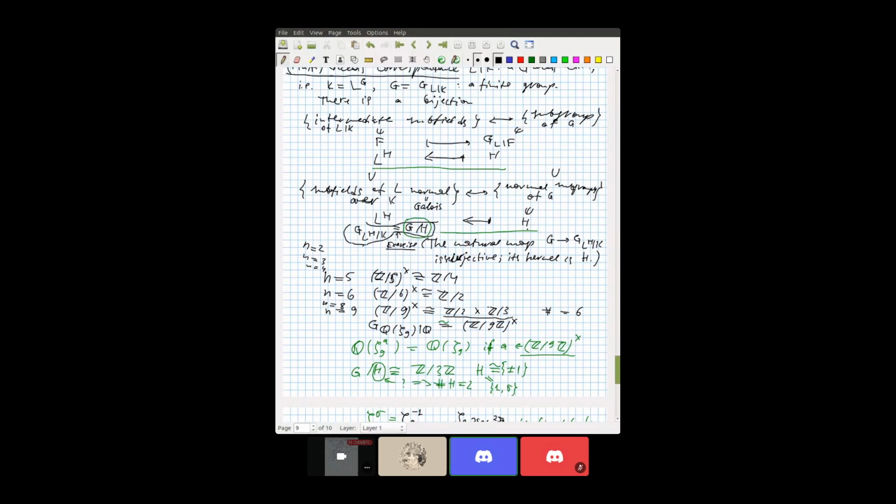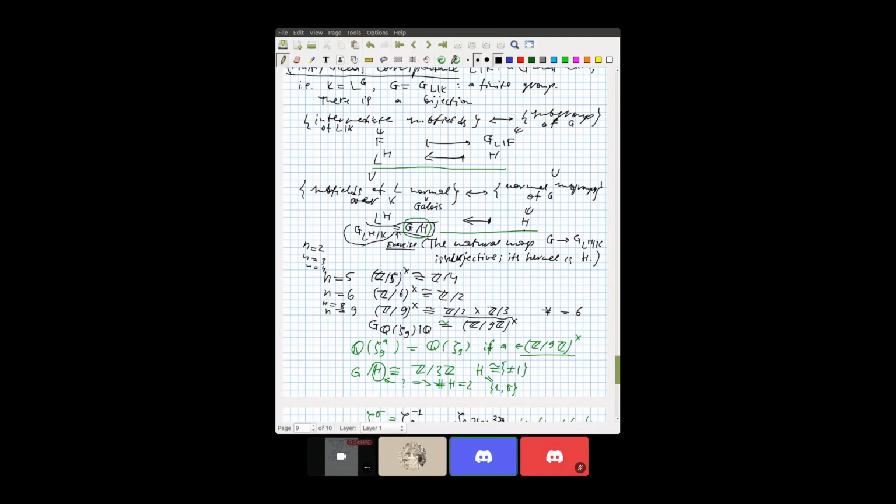You see that there is no natural isomorphism between Z mod 6 and the Galois group. But there is an isomorphism between the Galois group and the invertibles of Z modulo 7.